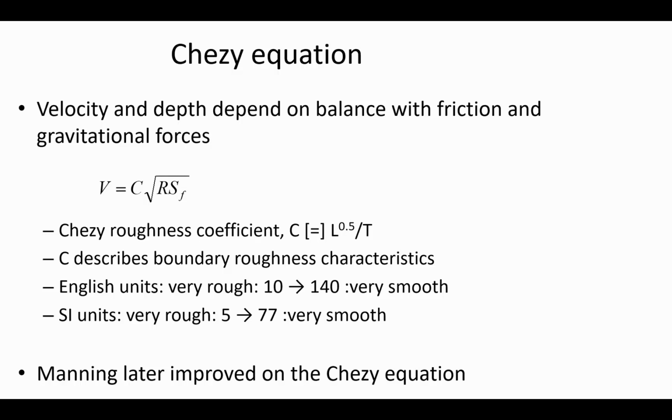We take it to the 2/3 power, as you'll see. With the Chezy equation, you can relate the friction factor F to the Chezy C value according to this formula, which is on page 201 of your book. I think you may have a homework problem where you're asked to determine the C value for a pipe based on a friction factor. This is the formula that converts back and forth between those different roughness characteristics.